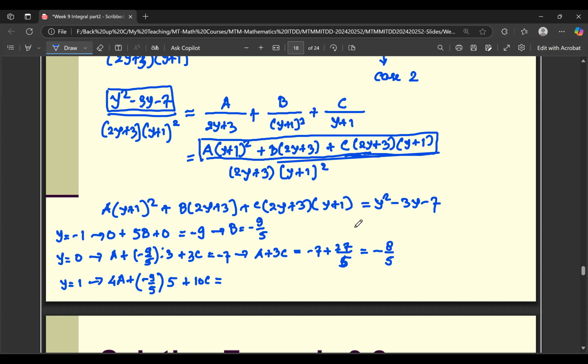so minus, oh, sorry. Okay, I have a problem here. Minus 1 will be what we have here. 1 minus, minus will be plus 3 minus 7. So we will have minus 3, isn't it? Yeah, minus 3, not minus 9.